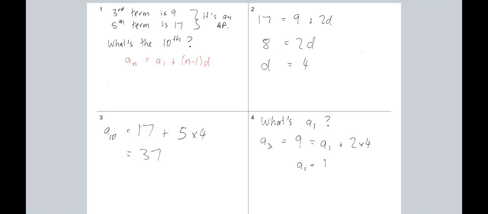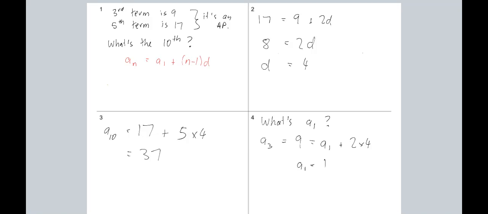Again, what you could have done is go, well, A3 is 9, so 1 back would be 9 take away 4 is 5, and then 5 take away 4 is 1. I could have just done that, which is fine, but imagine if you were given the 17th term and the 25th term.